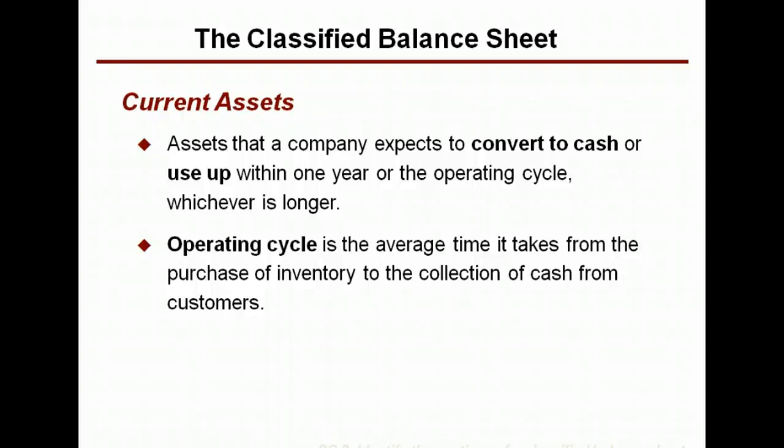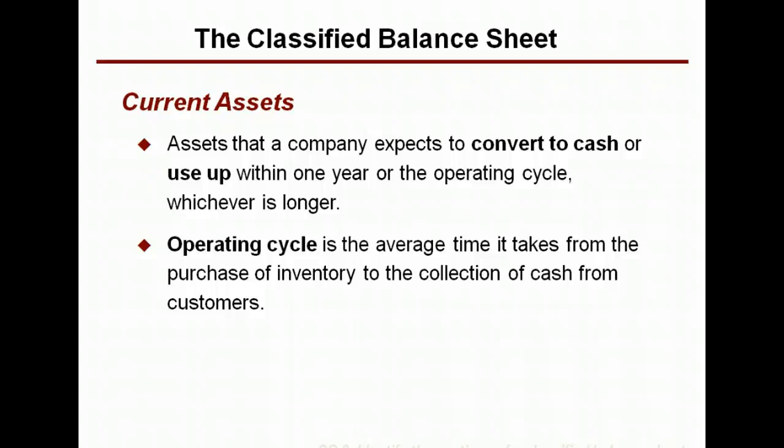The operating cycle is the average time it takes for a business to purchase inventory and then collect cash from the customer. The reason that it's a year or operating cycle, whichever is longer, is by definition cash, inventory, and accounts receivable are current assets.